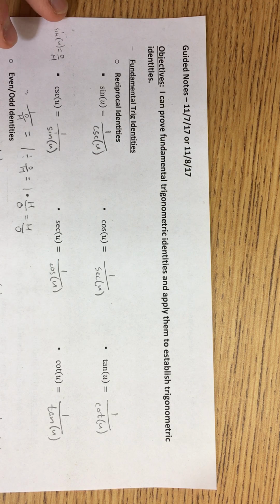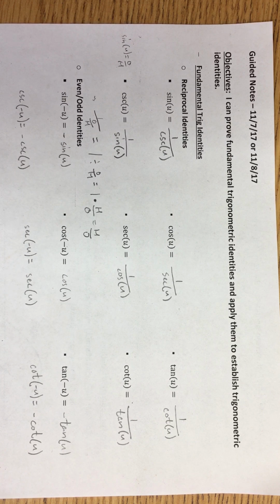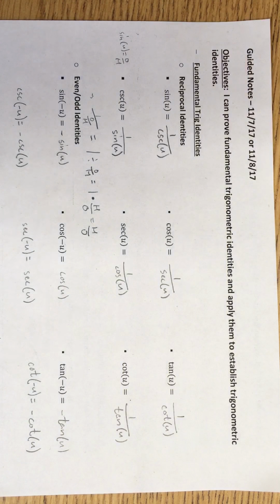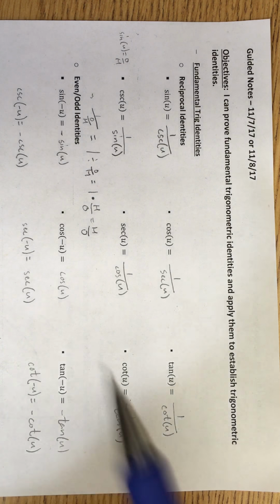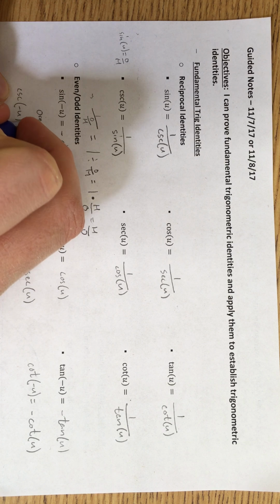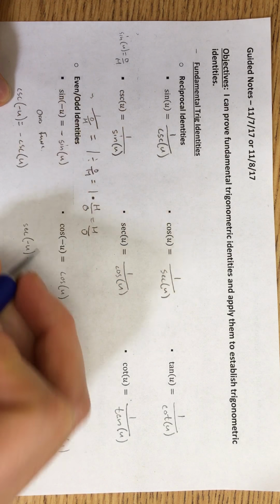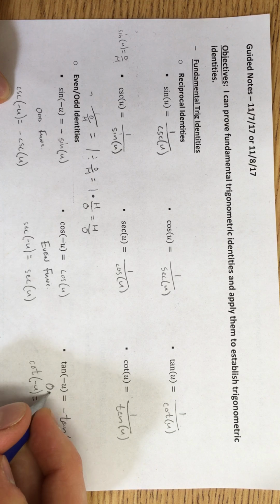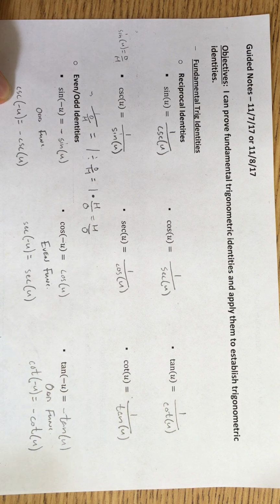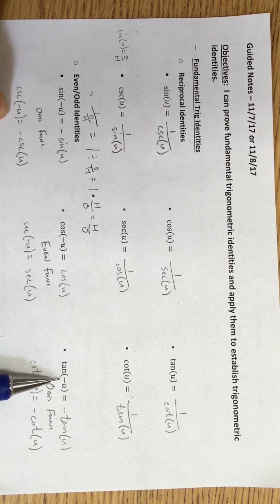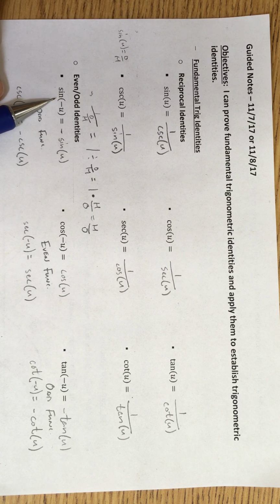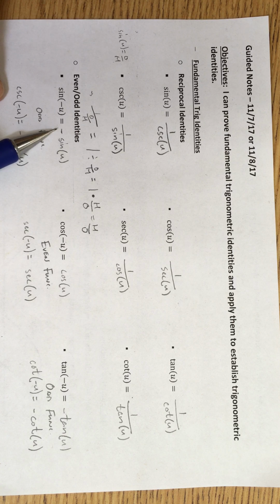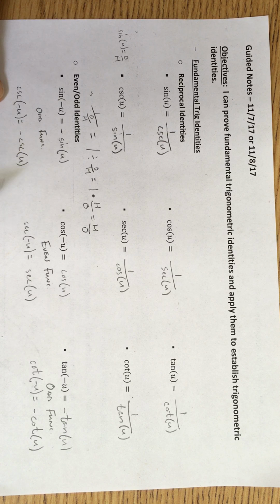Okay. Next one, I'm not going to really talk too much about. It's called our even-odd identities. I'm just going to give you those here. Essentially, sine and cosecant are what we call odd functions. Cosine and secant are even functions. And tangent, again, is an odd function. Same thing with cotangent. Because sine, tangent, cotangent, and cosecant are odd functions, if there is a negative inside of the actual function, we can move that negative to the outside, making that u positive.